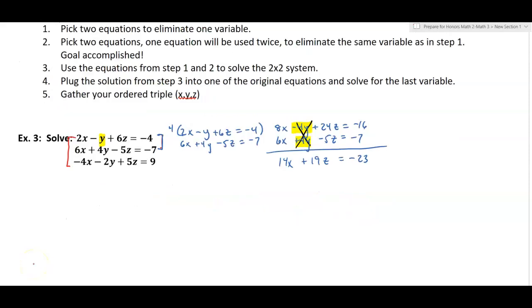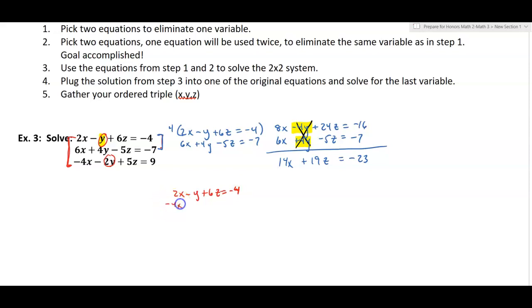So next, I'm going to use one of the same two equations. I figure the top equation and the bottom, because I'm looking to eliminate y's again, and I think using those 2 equations would eliminate y fairly easily. So I'm going to write the top equation down, 2x minus y plus 6z equals negative 4.